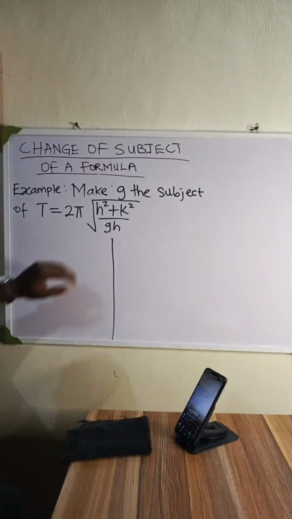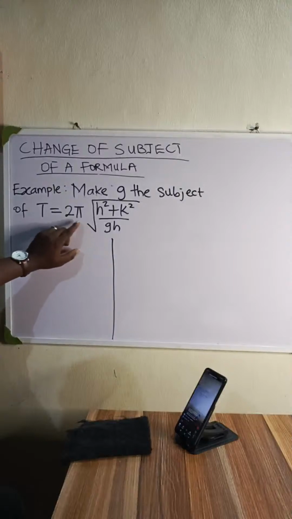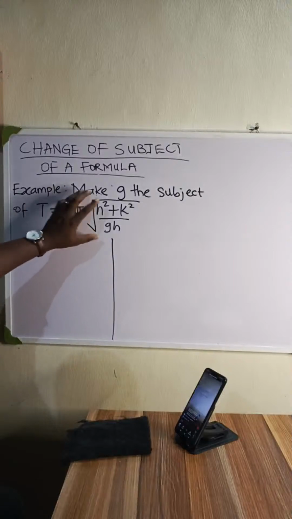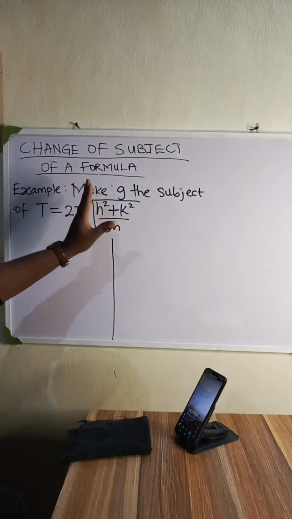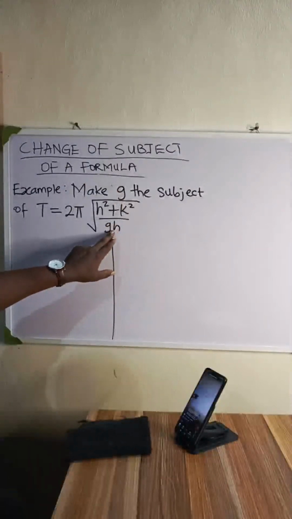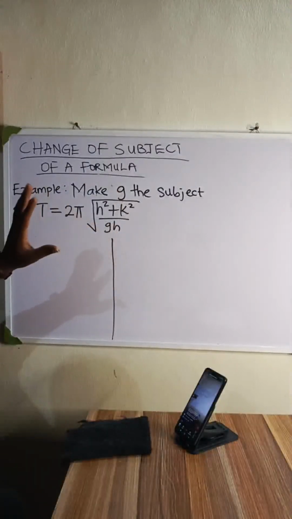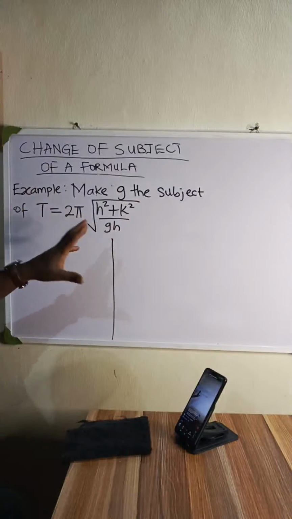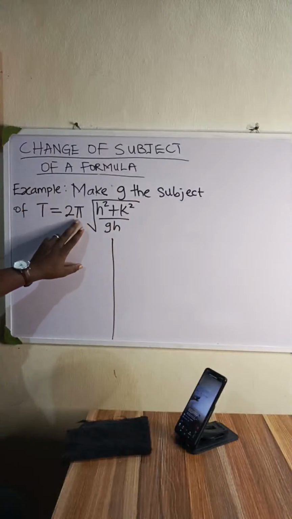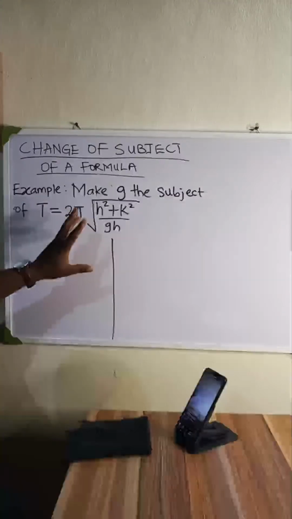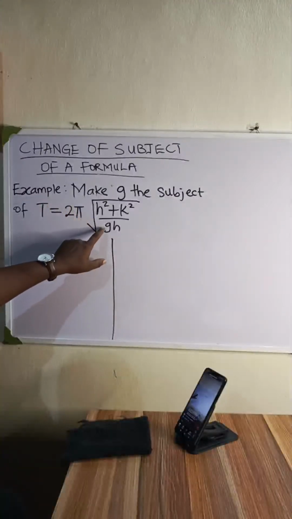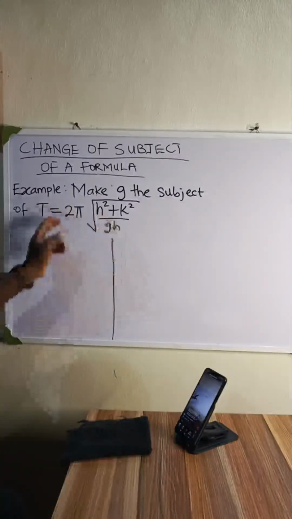So the first thing we need to do is eliminate all the values that are going to stop us from getting to G. The first value we need to move out of the way is 2 pi. Here you don't need to cross multiply yet because G is still far away.